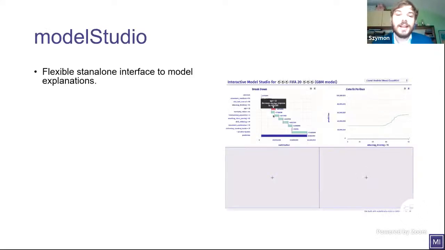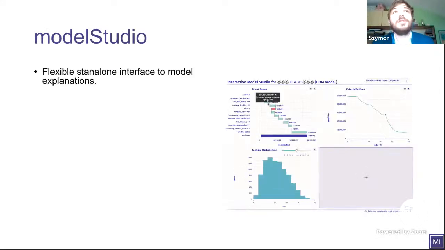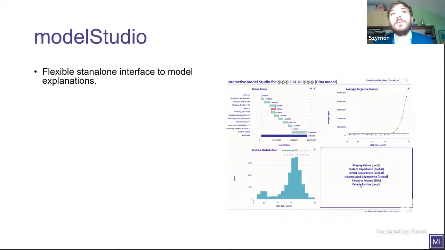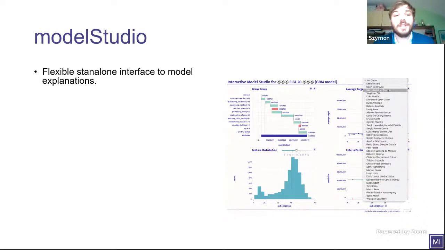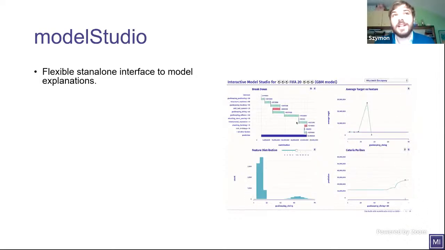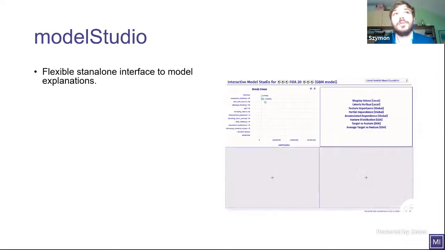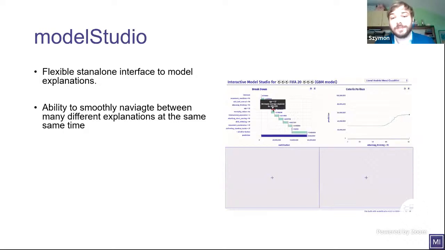Third package for today is modelStudio. And modelStudio represents a trend we believe will be viral for R in the future, which is creating flexible standalone interfaces for assessing model explanations.